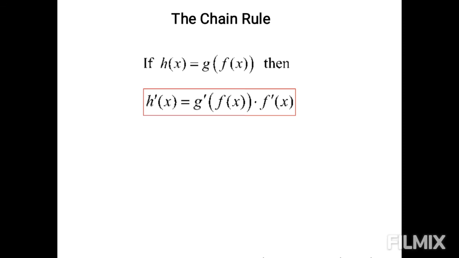So let's see the example that we have. Note that h of x is a composite function. The chain rule applies when we have a composite function.